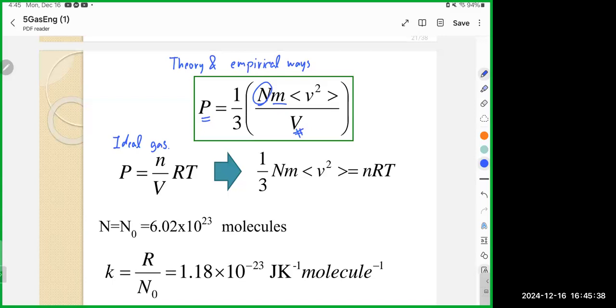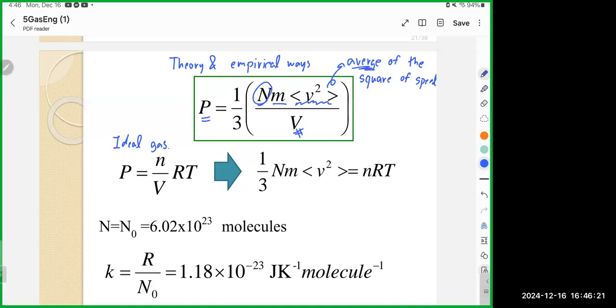Okay, and another one is about the average of the square of speed, not just the speed, but the average of the square of speed here. Okay.